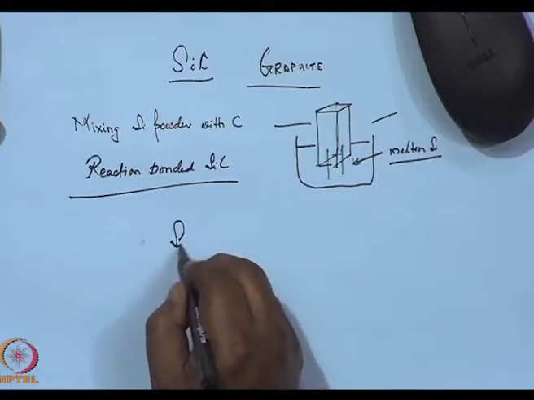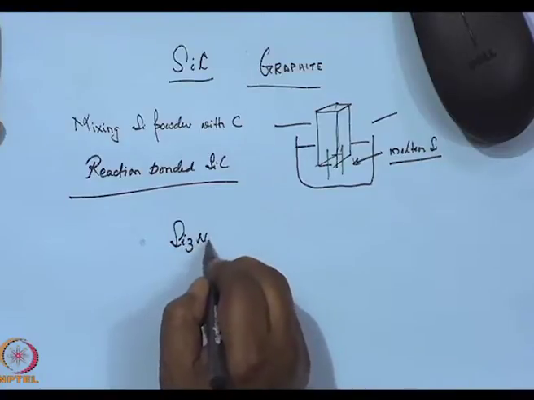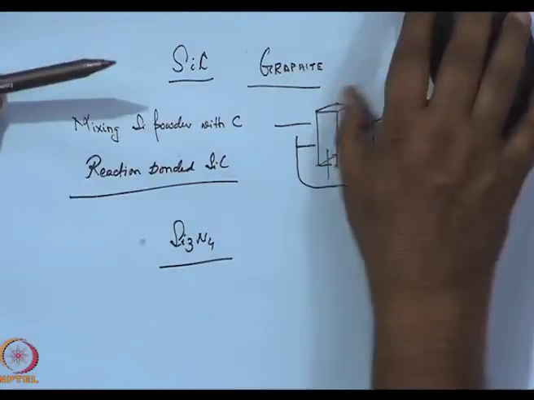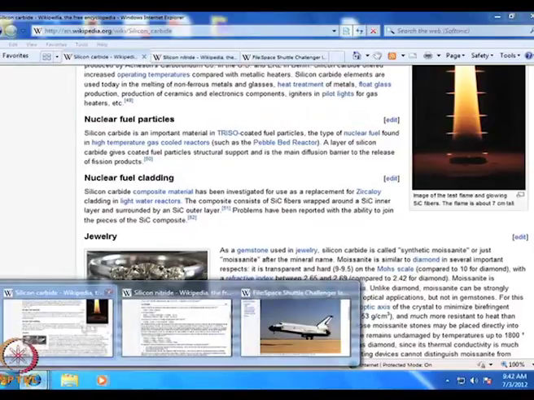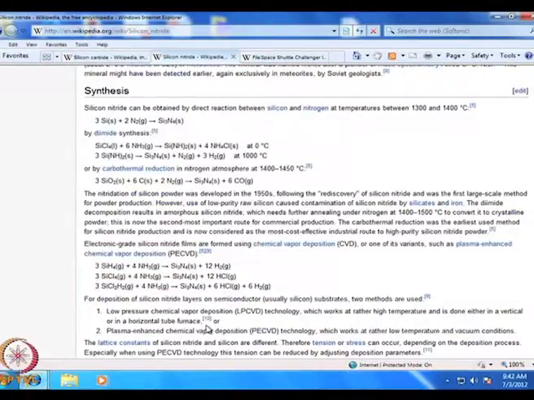I talked of in the lecture that it was written carbides and nitrides of silicon. So now let me talk of silicon nitride. You will have a lot of synthesis methods given over here.